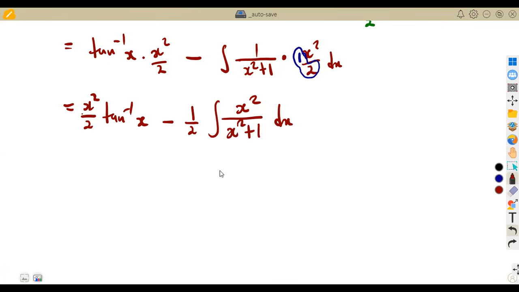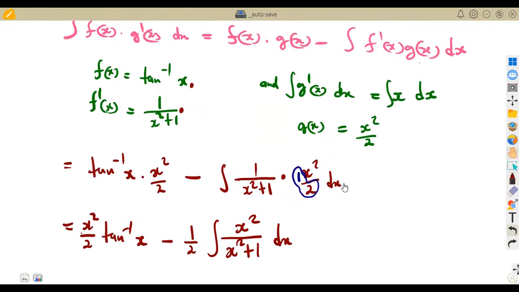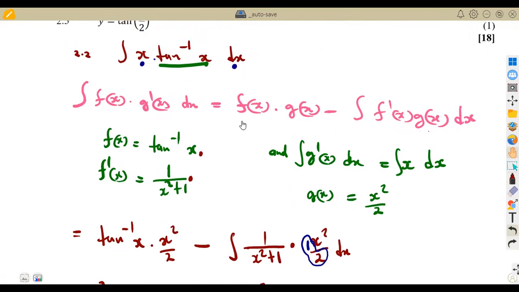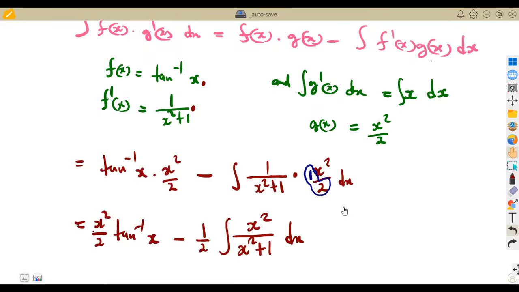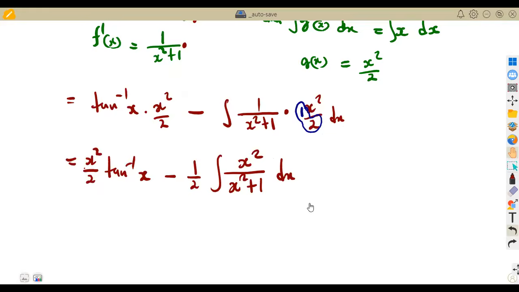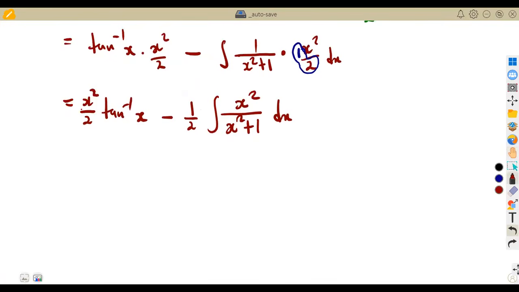Remember, this is integration by parts. Whatever you do here, you apply your by parts formula like what we've done here. We are now at this stage. I told you guys on the by parts that at this stage, you figure out what is appropriate for you to integrate. It's up to you.